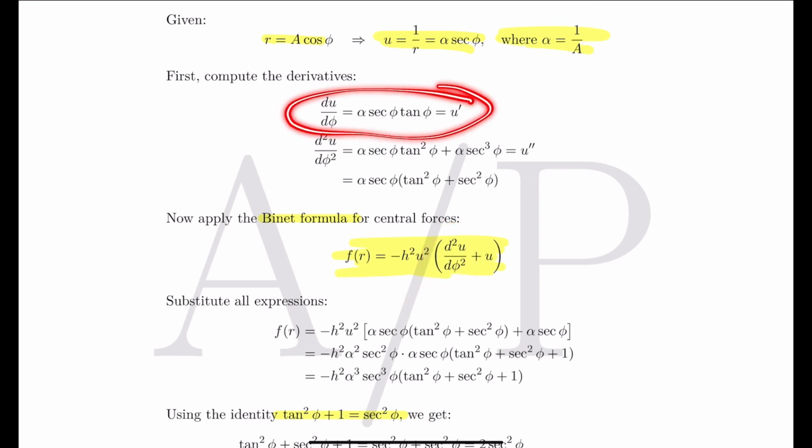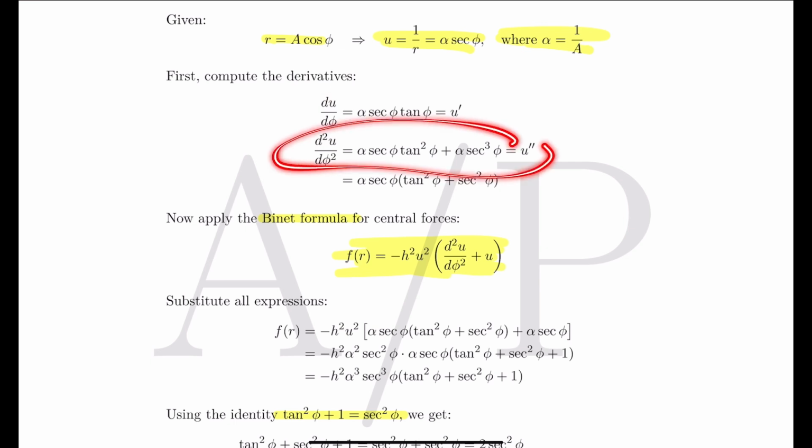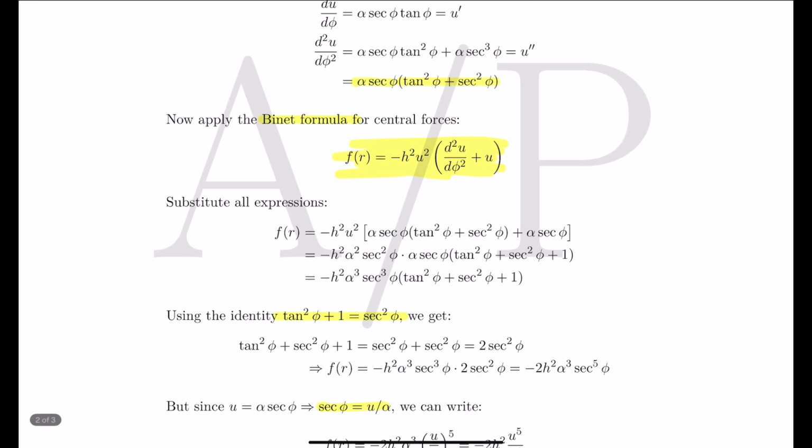This is the single differentiation of u, and this is the double differentiation of u, which is alpha sec psi in the bracket tan square psi plus sec square psi. We could substitute all the required expressions in Binet's formula to arrive at minus h square alpha cube sec cube psi within the bracket tan square psi plus sec square psi plus 1.